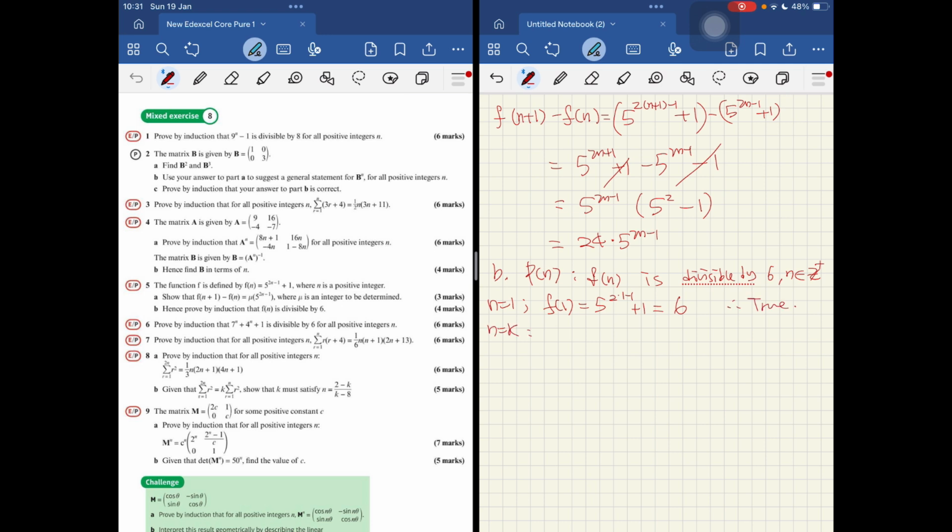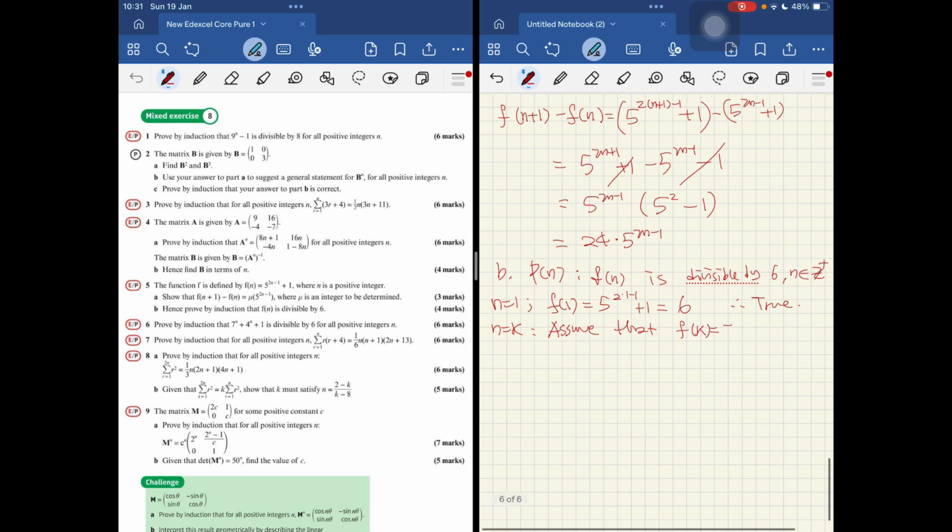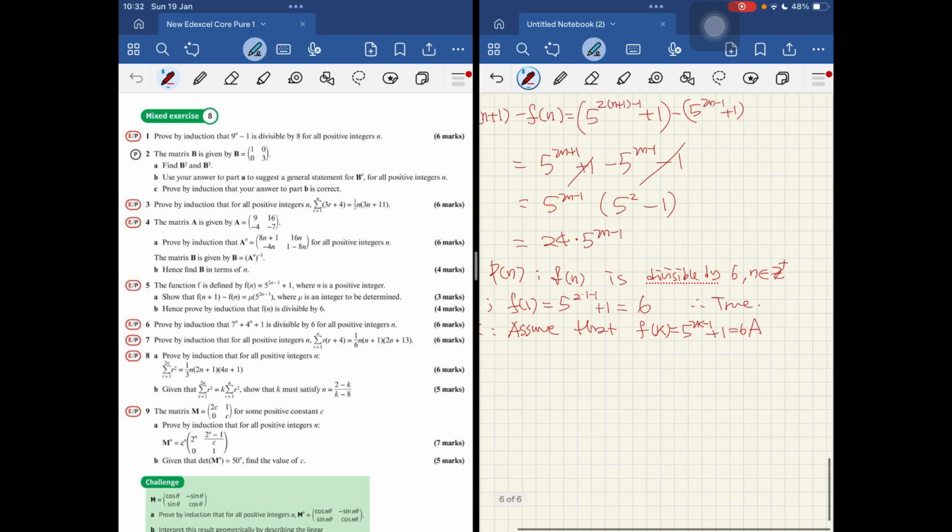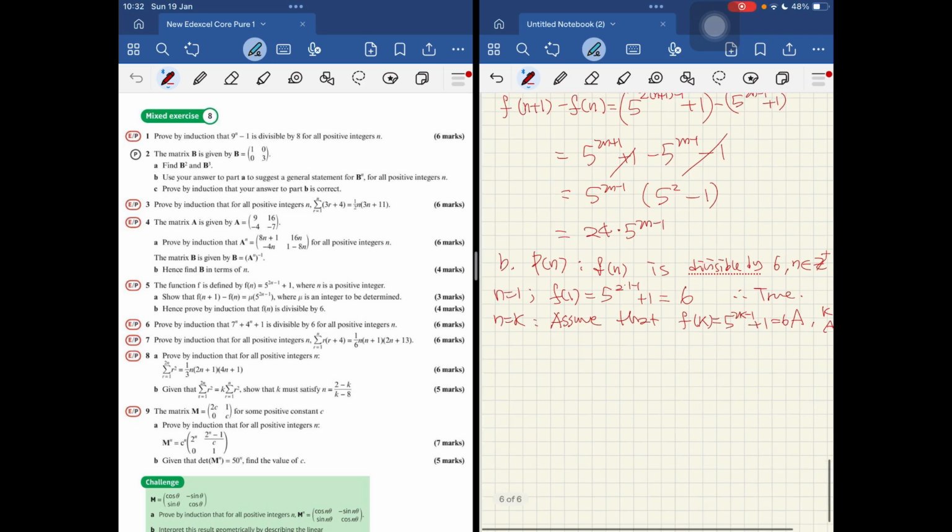And for k, assume that f of k, 5 to the 2k minus 1 plus 1, equals 6a, where a should be an integer.